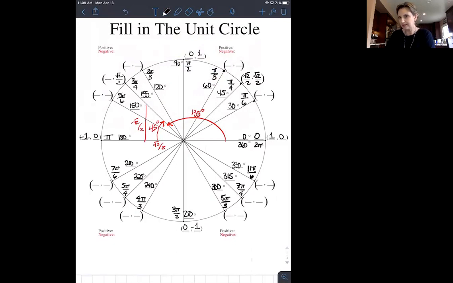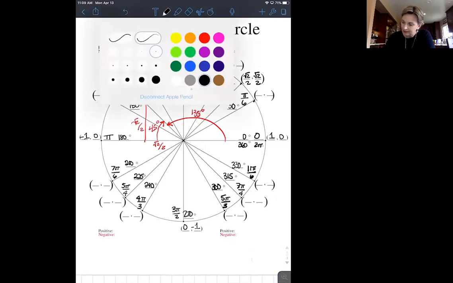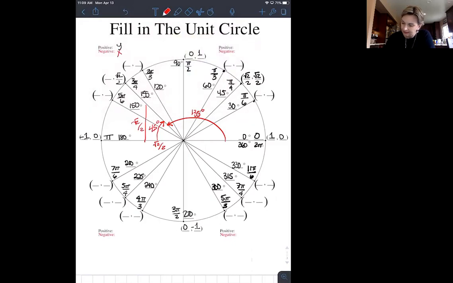Only there is one thing that's different. And what's different about it is the fact that in quadrant 2, the y is positive, but the x is negative. So that means that my coordinate is actually negative square root of 2 over 2 and positive square root of 2 over 2.